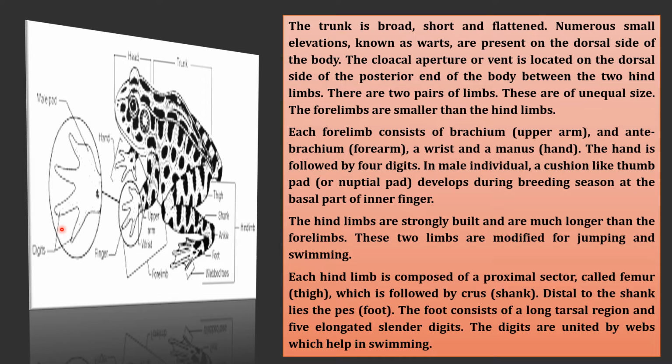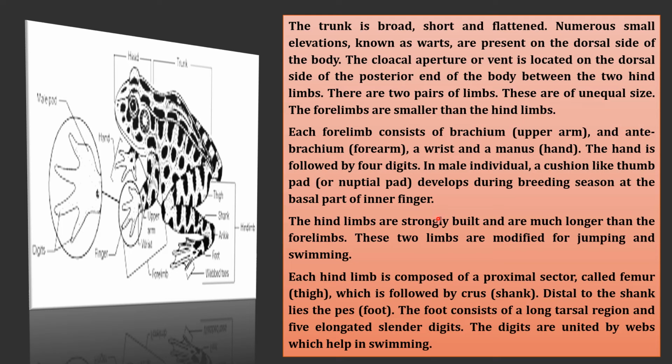Another characteristic, which I told you in the previous slide, is the voice, because the male toad's voice is thicker than the female toad's. So these are the two important characteristics by which you can differentiate between a male and a female toad.